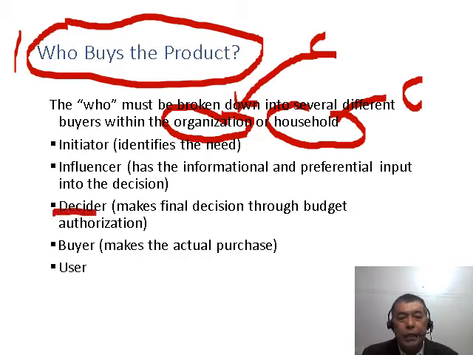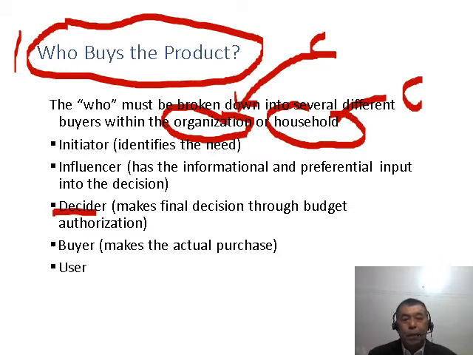The decider makes final decision depending on each budget or affordability. And there are also buyers who make the actual purchase, and there are classifications that are called users. So these are the different classifications of who buys the product.